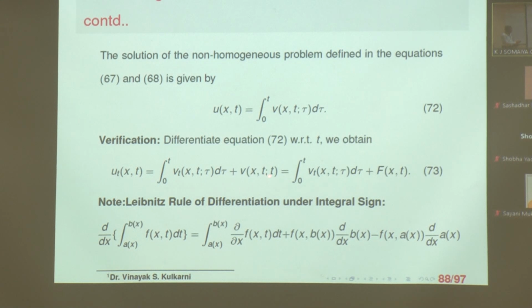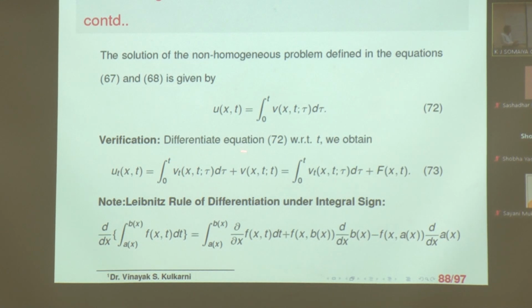The derivative of t with respect to t is 1. Then the minus term is there: I put tau equals 0, but the multiplicative term is the derivative of 0, which is 0, and therefore that term is not there.